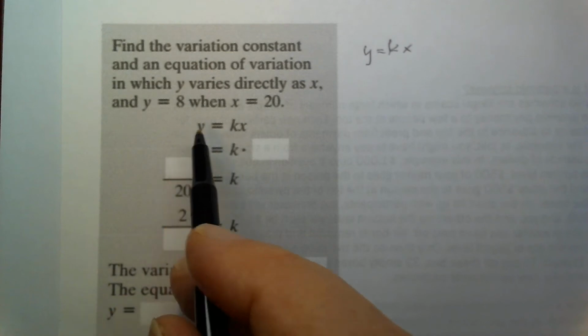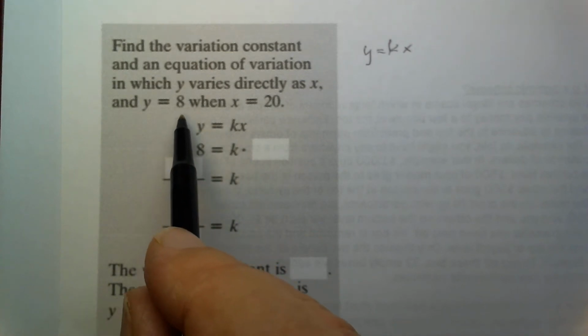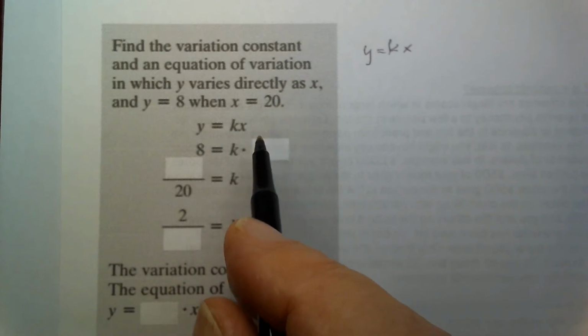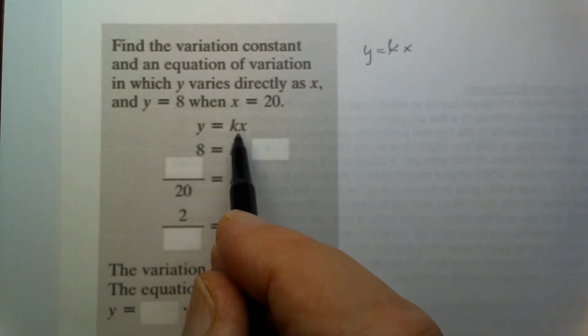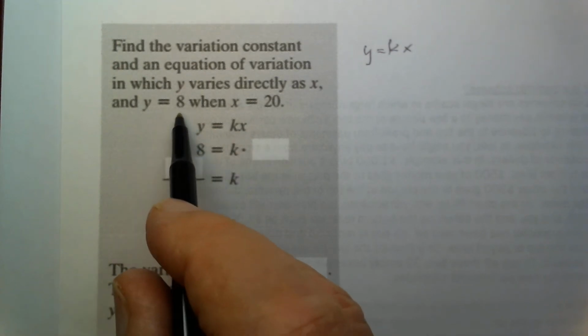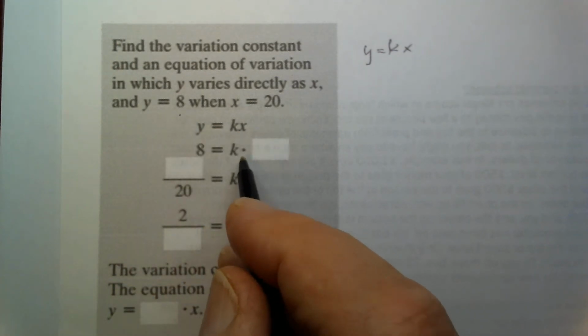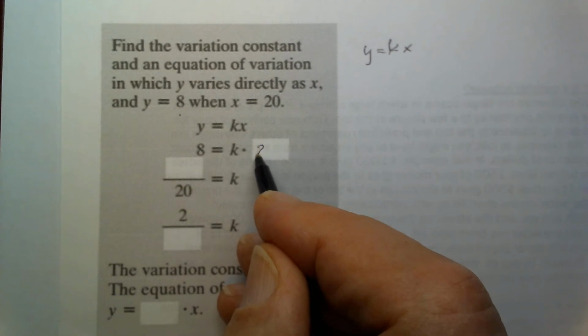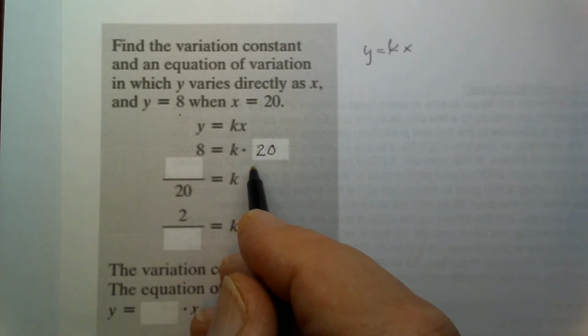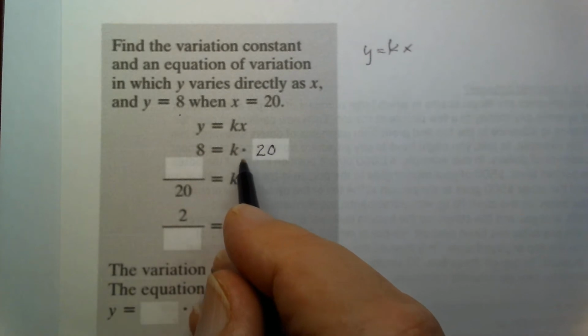And find it when y equals 8 when x equals 20. So y equals kx, that's direct variation. So 8, when y is equal to 8 and x is equal to 20, so k times 20. And now we find what k is by solving the equation for k.